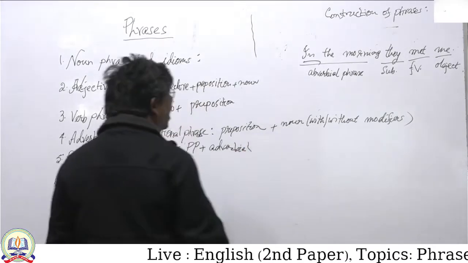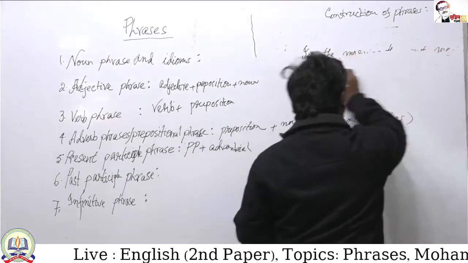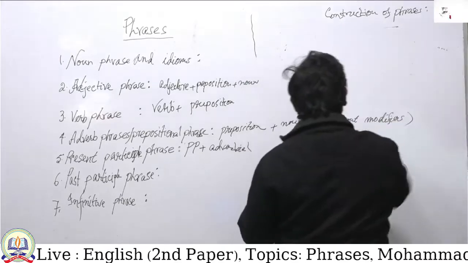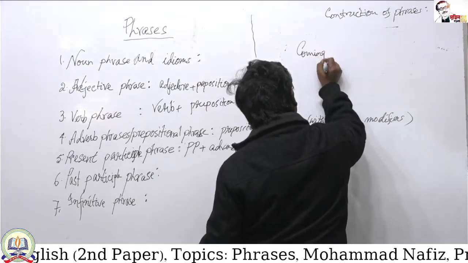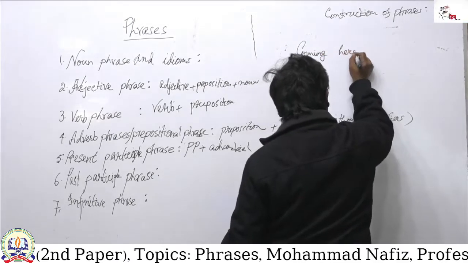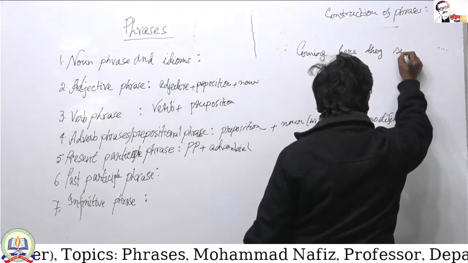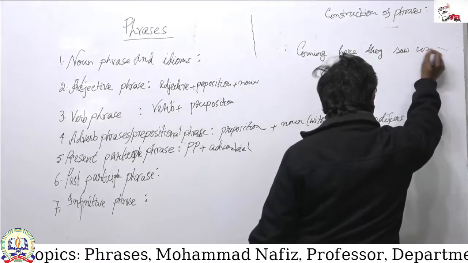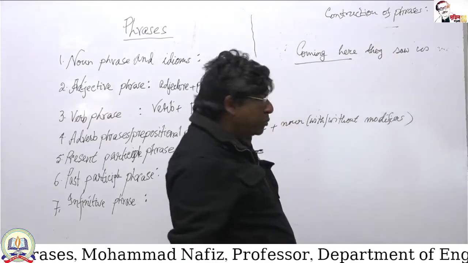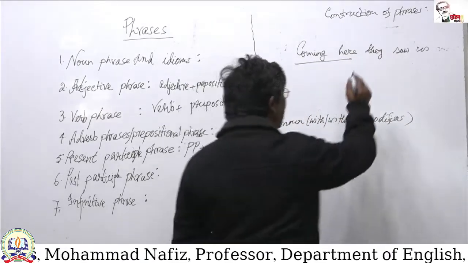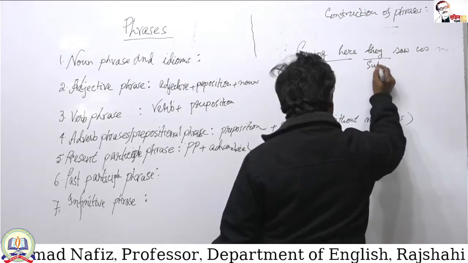For example, coming here, they saw us. We see the sentence begins with a present participle phrase, coming here, followed by the subject of this sentence.